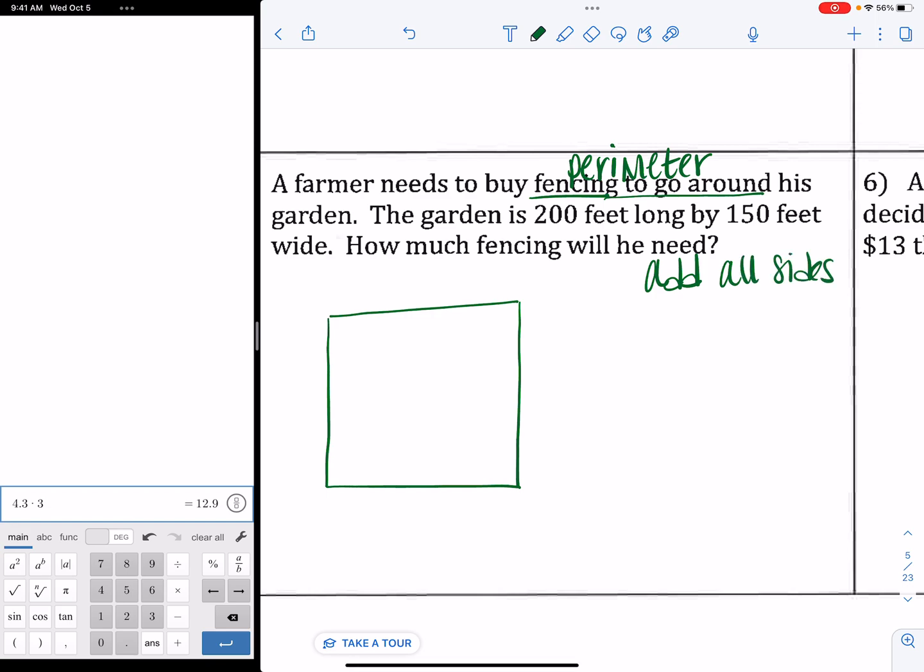So I'm going to put some sides on my picture. The garden is 200 feet long by 150 feet wide. My drawing is not to scale. How much fence will I need?